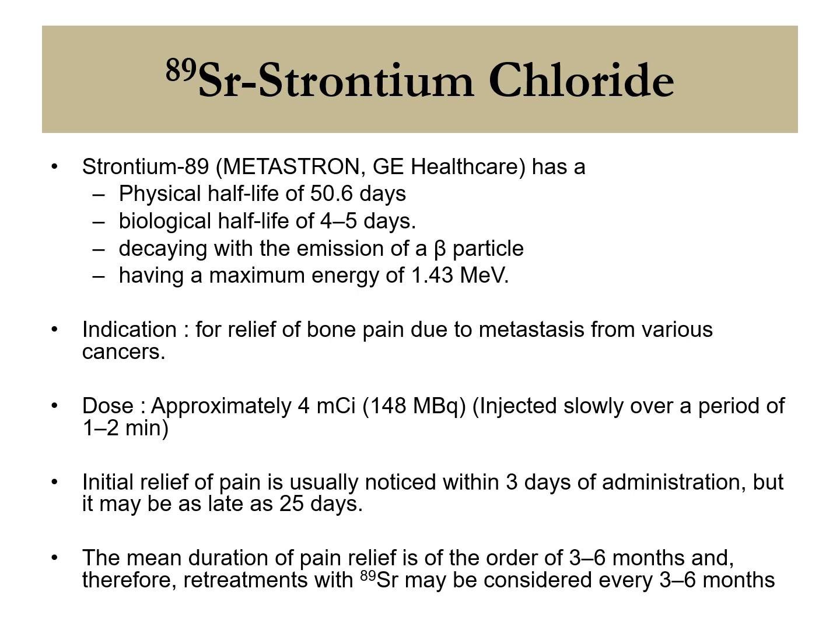Initial relief of pain is usually noticed within 3 days of administration, but it may be as late as 25 days. The mean duration of pain relief is of the order of 3 to 6 months, and therefore retreatment with strontium-89 may be considered every 3 to 6 months.